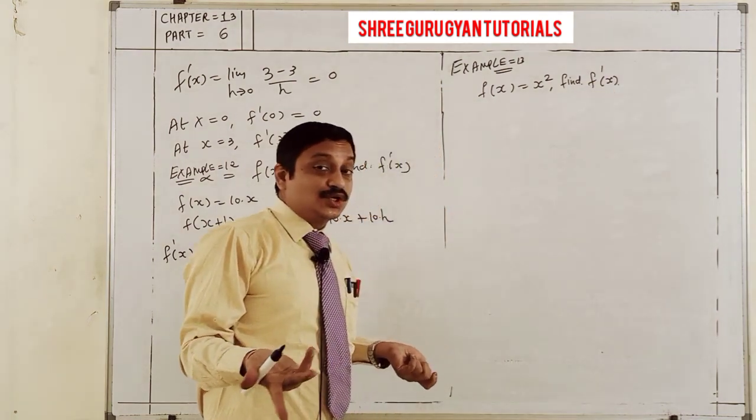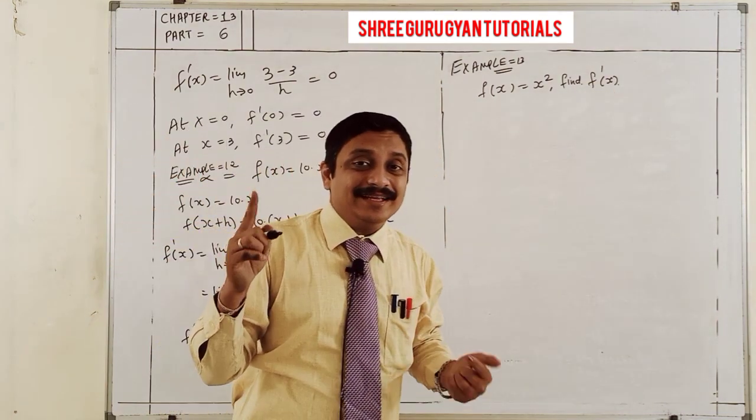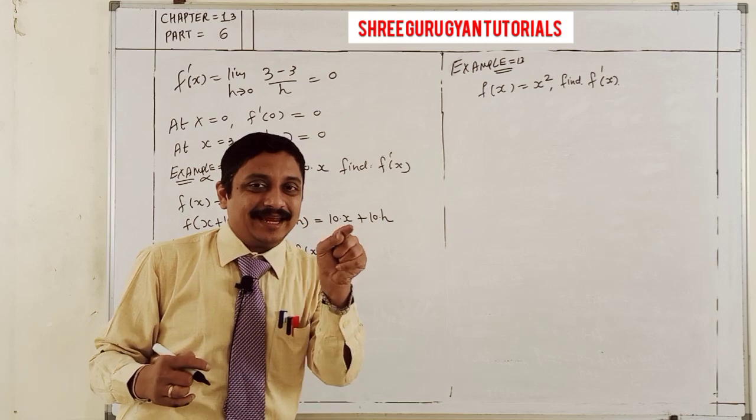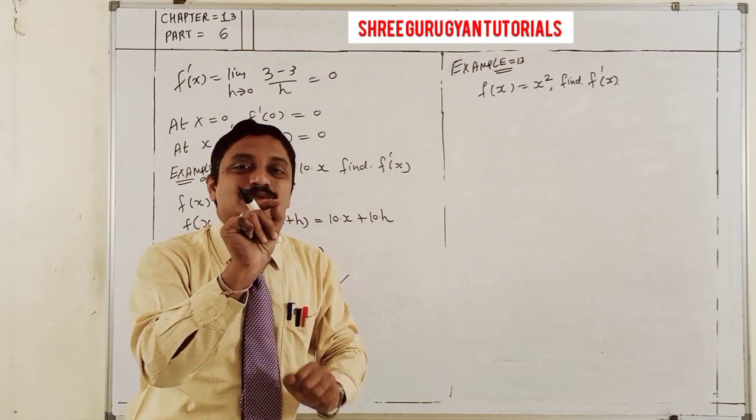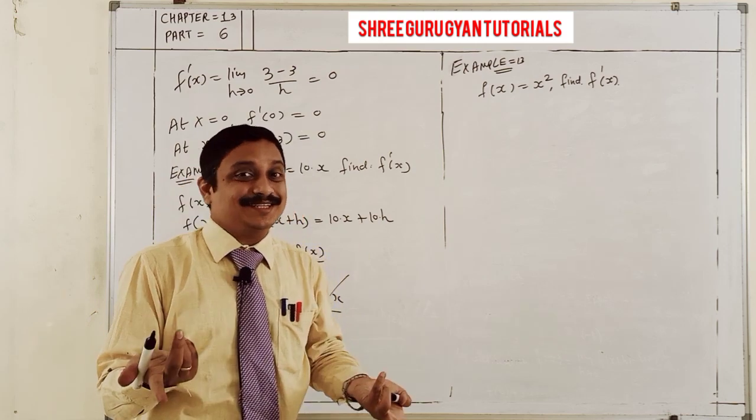So students, you know shortcutly the derivative of x raised to n is n times x raised to n minus 1. So 2x raised to 2 minus 1, your answer is 2x.